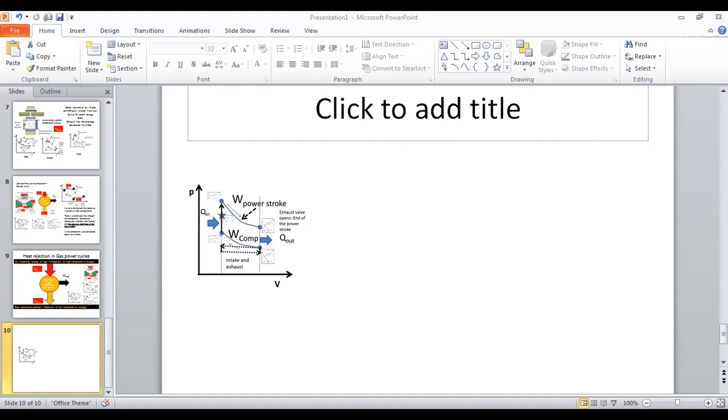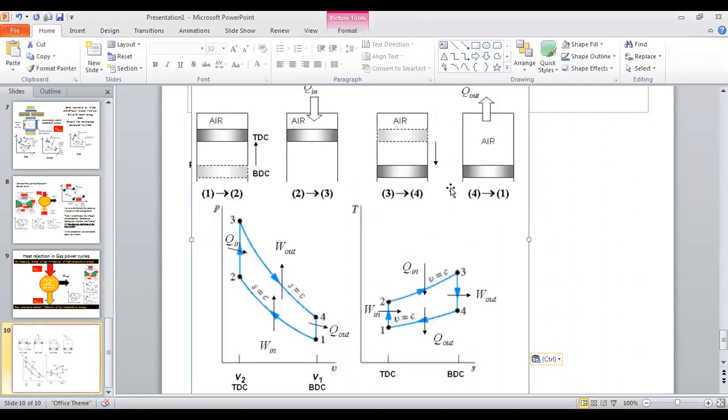From the previous notes, I'm going to refer here. Yes, this one.